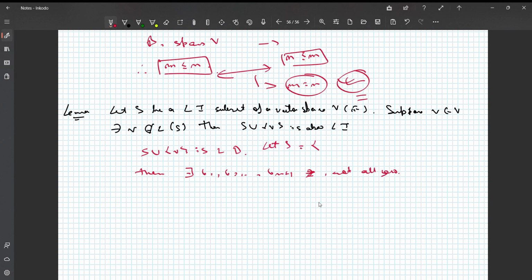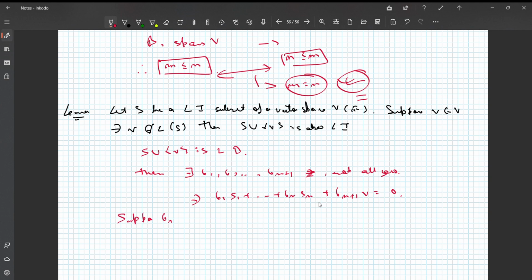So let S be the elements s1, till sn, let's say. Or rather, you can keep this simply arbitrary. So not all 0, such that b1 s1 and so on till bn sn plus b(n+1) v equals 0.